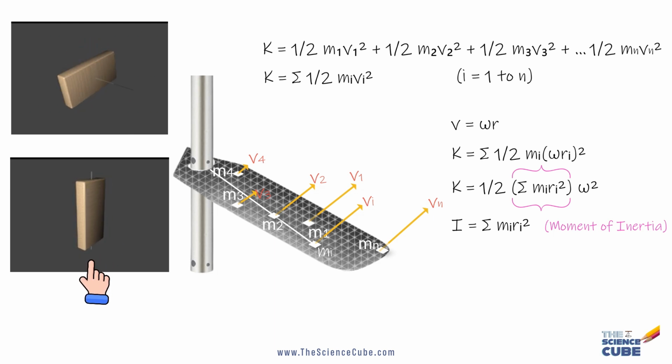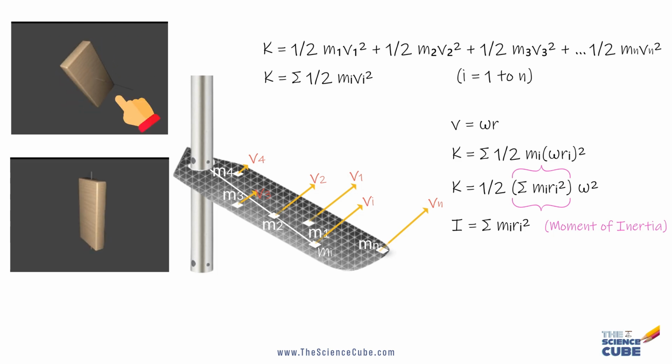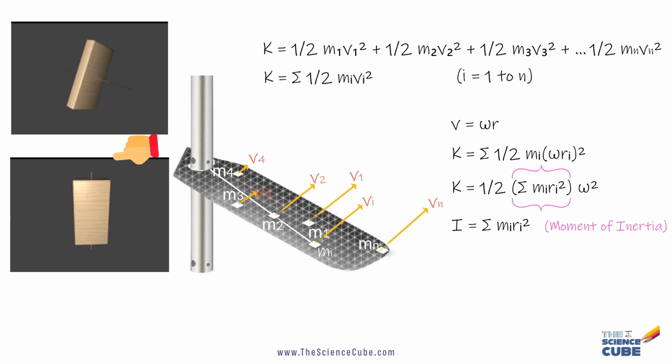And if you pause for a moment and think, in which case would the value be higher, what you will find is that it would be higher when the axis of rotation is this. Simply because you can see here that there are more particles at a larger distance from the axis of rotation than in this case.